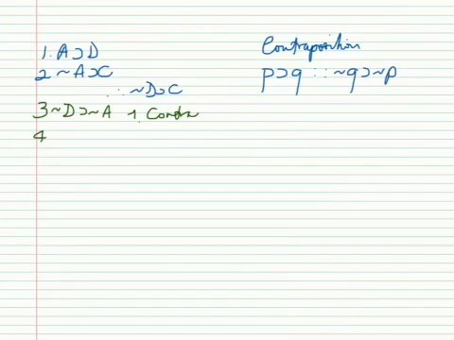So since not D then not A and not A then C, not D then C follows from 2, 3, hypothetical syllogism.